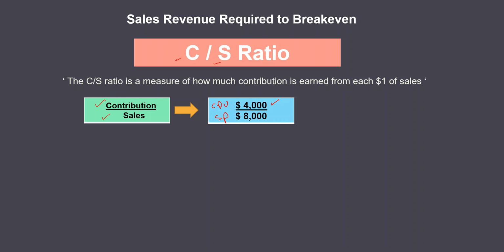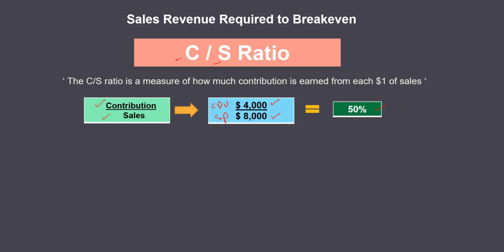So simply you take the contribution per unit divided by sales per unit. So thereby you can identify CS ratio. So CS ratio will be 50%. So simply by applying this 50%, you can identify the sales revenue required to break even.